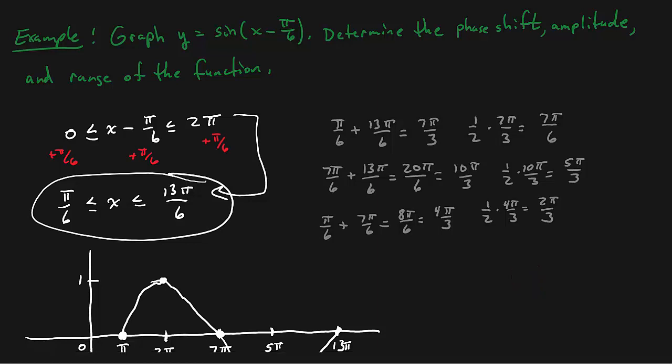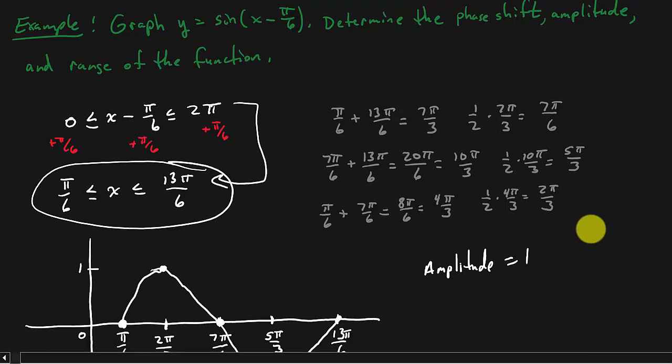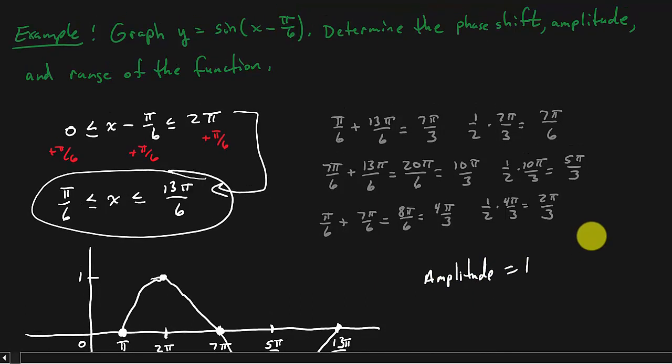All right, so let's look at this. Let's just write the amplitude. That's equal to 1. We already got that. The phase shift is what? Minus c over b. Well, what's c? Well, c is negative pi over 6.